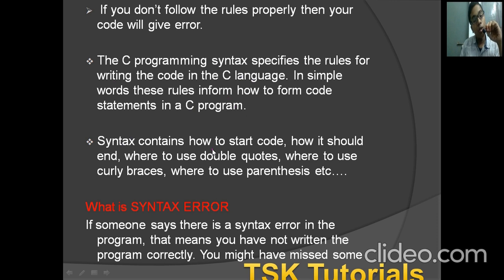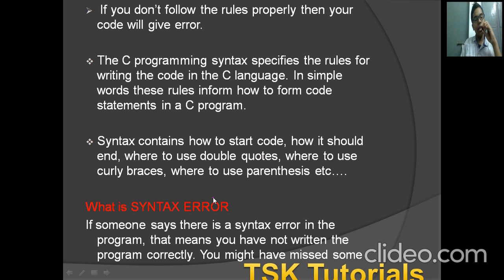Syntax contains how to start code. In a C program, we have some files like the header file, the main function, the opening part, and all those. This syntax will help us to write that program: how to start, how to end, where to use double quotes, where to use curly braces, where to use parentheses.